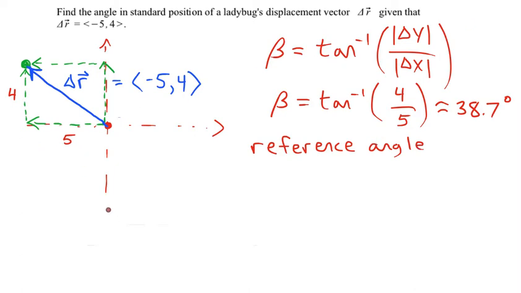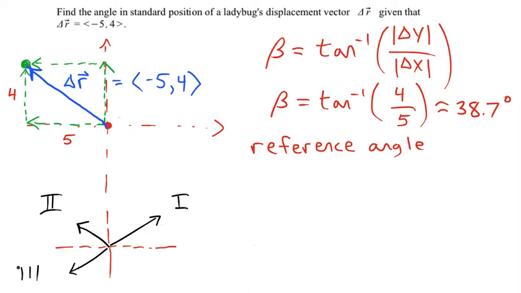Well, if you were to look at the 4 quadrants, and think of all the possibilities of vectors that we could deal with, we could get a vector that points toward the first quadrant, or the second quadrant, maybe one that points toward the third quadrant, or even one that points toward the fourth quadrant.